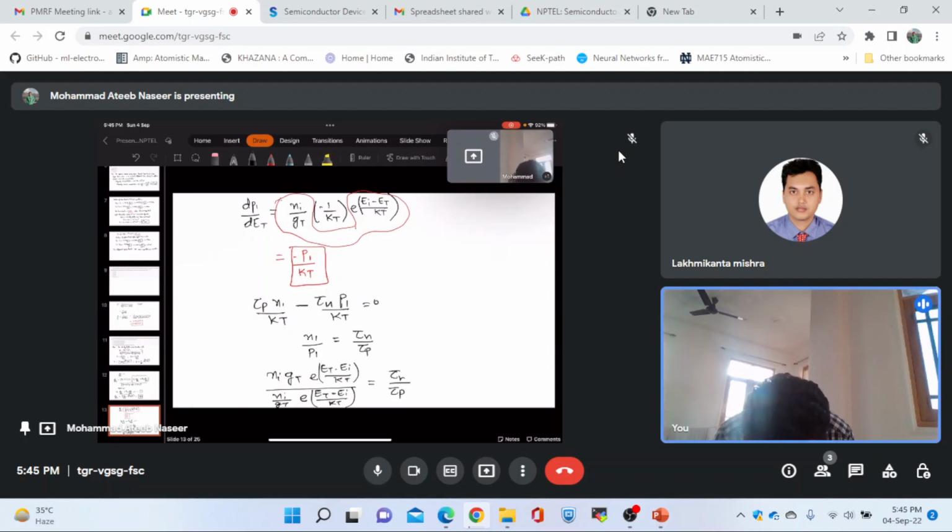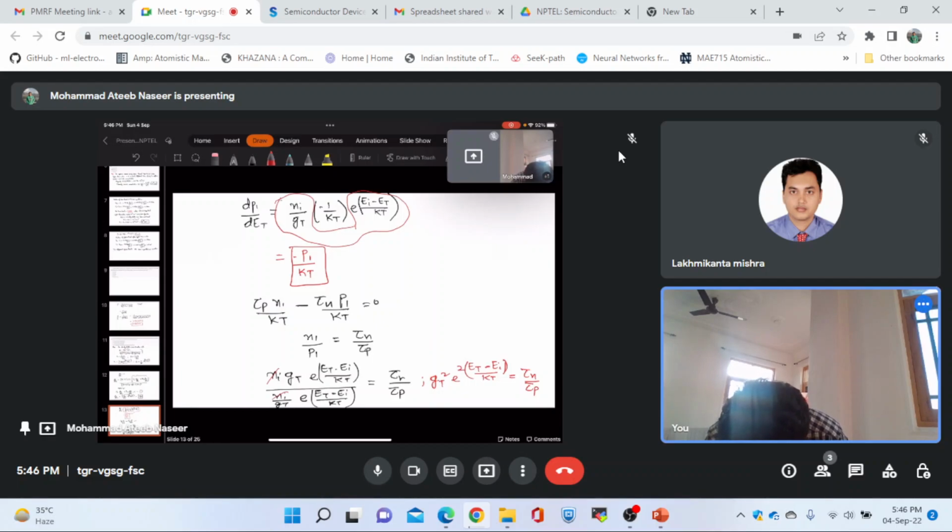Now this simply means that I have to cancel these things. This will cancel out with this, and if I take this above, it will become Gt squared exponential of 2 times Et minus Ei by kT. This will be equal to tau n by tau p.